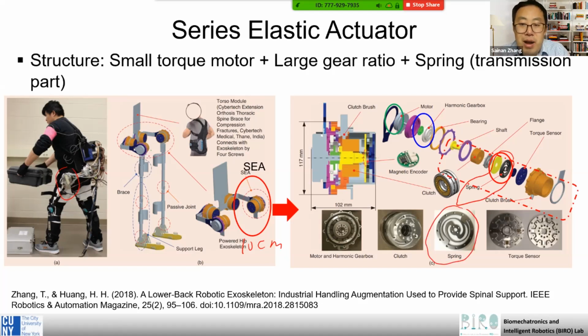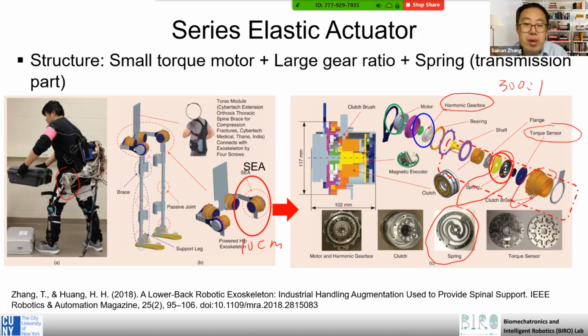It seems very simple, but in reality they need a shaft and a lot of components, like a harmonic gearbox that generates, let's say, a 300:1 gear ratio. They also need a torque sensor, a bushing, and a shaft.